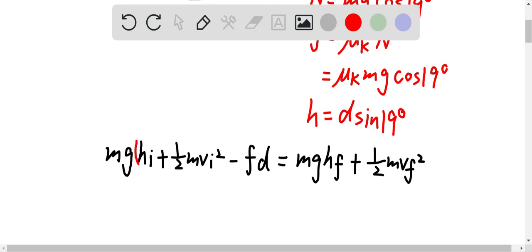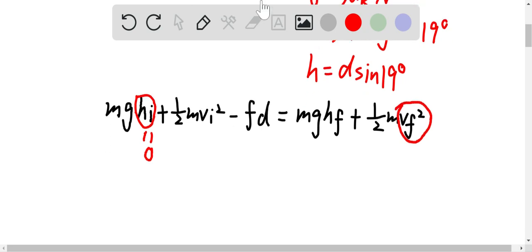So this thing here is equal to 0, and there's an initial speed, which is 11.0 meters per second. So this exists, and the final speed is 0 because when she reached the top, it stays at rest. It said it glides 15 meters up along this slope before coming to rest.